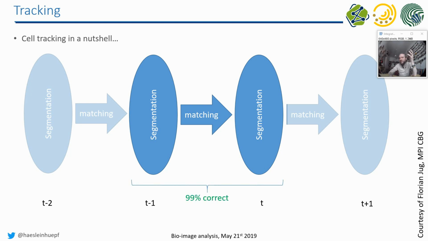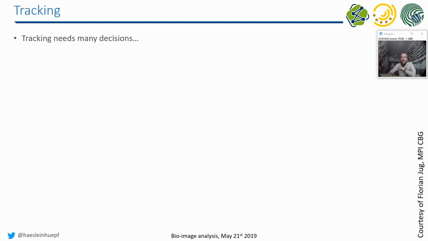And from an algorithmic point of view, the whole process consisting of segmentation and matching together is super easy to do from a programming point of view, and we get it to something like 99% correct. That's technically feasible. However, when we concatenate these time points over time, we run into trouble.